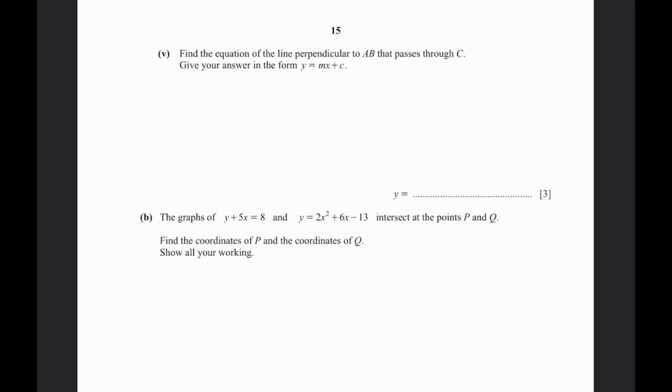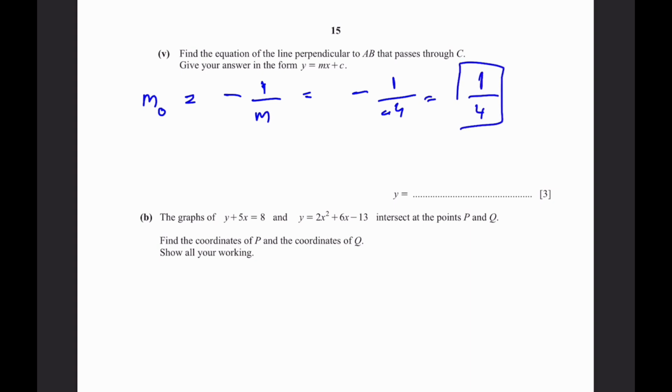Now I can go to part 5. Find the equation of the line perpendicular to AB that passes through the point C. Give your answer in the form y equals mx plus c. First of all, the new gradient, let's just name it m0, that's going to be minus 1 divided by the gradient of AB. So that's going to be minus 1 divided by minus 4, which is 1 by 4.